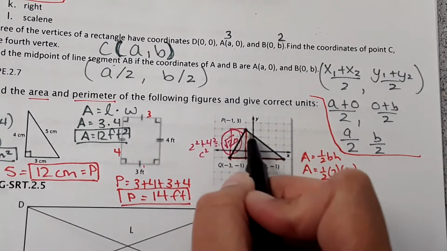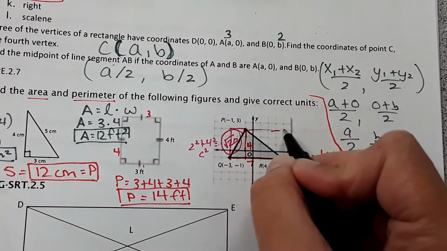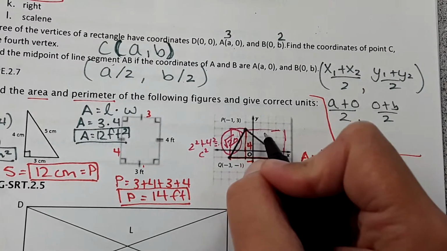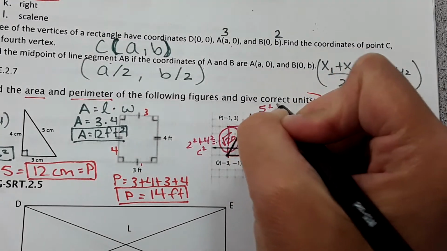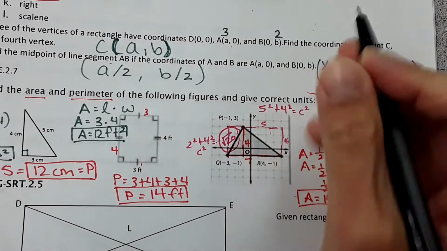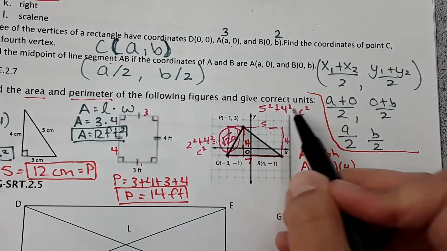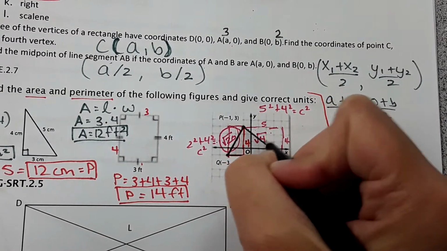And then over here, 1, 2, 3, 4, 5 by 4. 5 squared plus 4 squared equals c squared. 25 plus 16 is square root of 41.